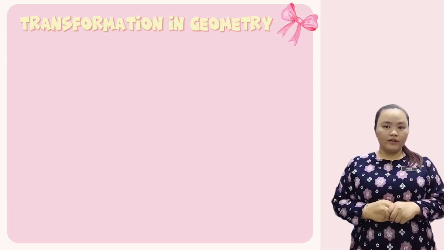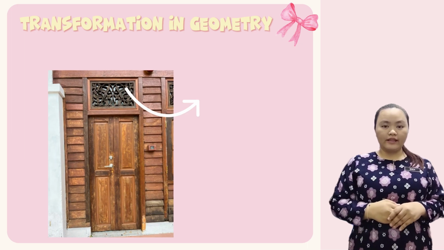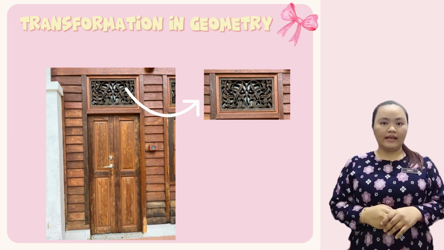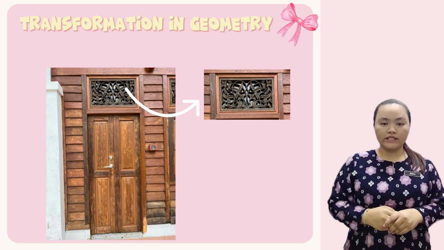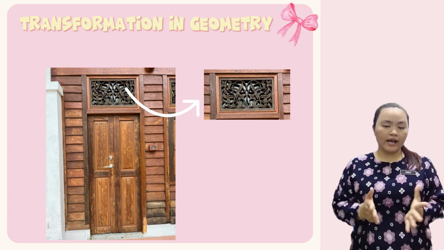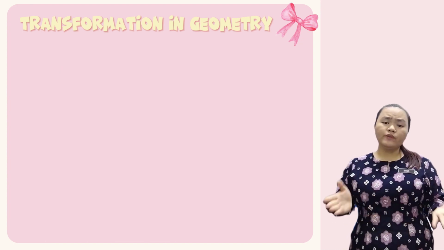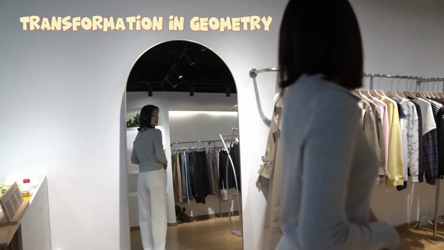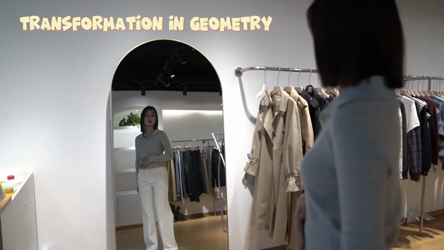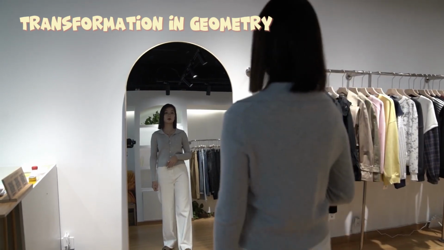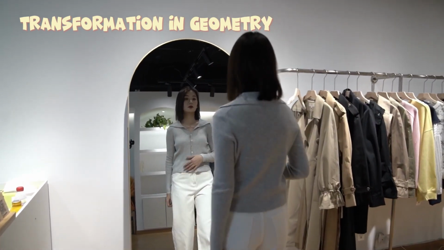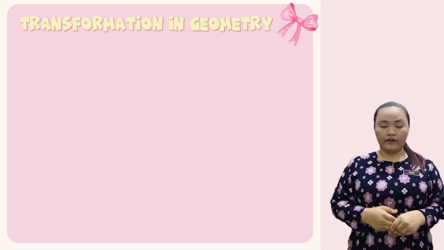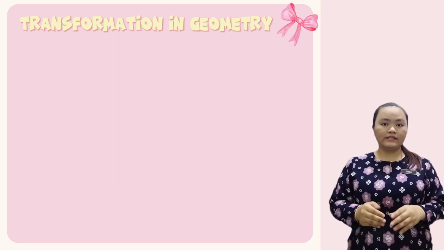Next, the door of bangunan SKTM has a decorated component that shows a pattern which is known as floral carving. As we know, a reflection is a kind of transformation where an object is flipped or mirrored over a line. We refer to the line that the reflection happens over as the line of reflection or axis of reflection.